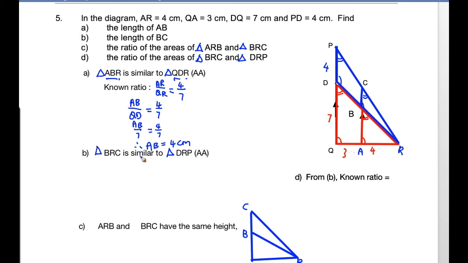So the known ratio is the same, 4/7. And therefore, forming a ratio of the corresponding sides, BC to DP is equal to 4/7, and DP is 4. That gives us BC equals 2 and 2/7.